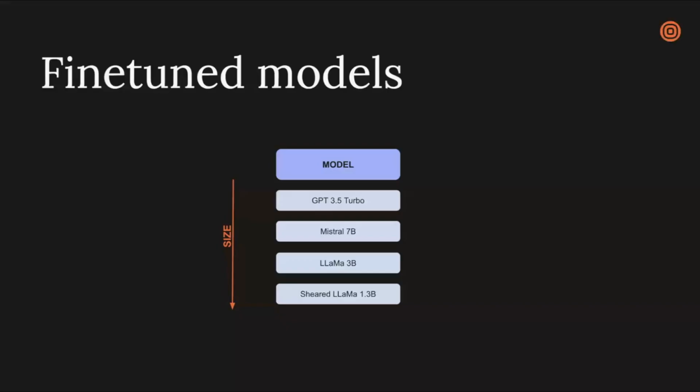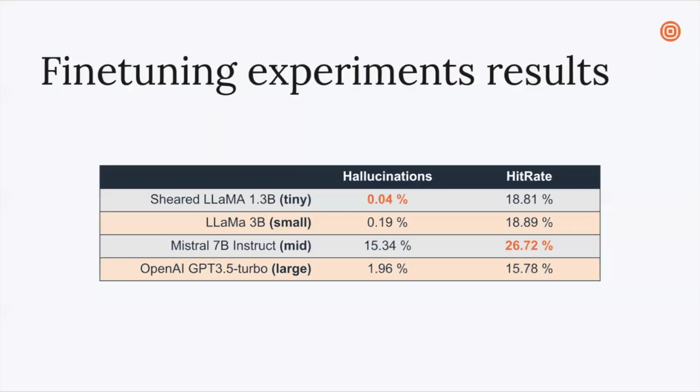We also fine-tuned some models. We took 4 of them, each varying in size, from the largest one, the GPT, with 7 billion parameters, Llama with 3 billion parameters, and shared llama with 1.3 billion parameters. We used the same test data set that we used with the prompting models, and we found that actually the tiniest model performed the best when it came to hallucinations.